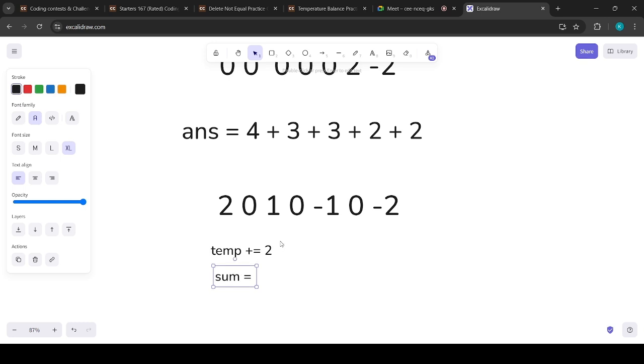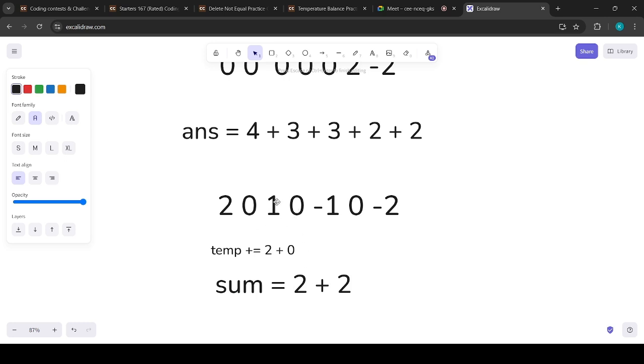So it will become 2. So I am taking it as 2. After that, it will add 0. So temp is also 2 in this condition, it is not updated.